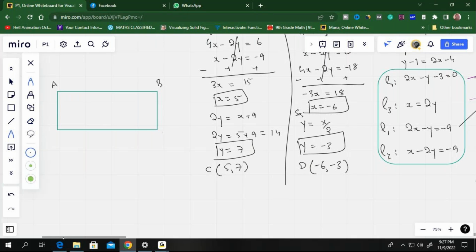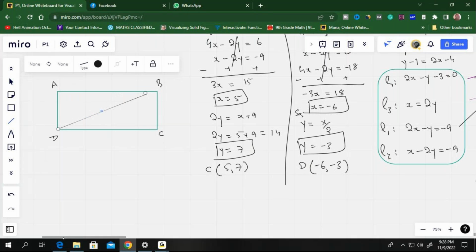So this is my AC diagonal, this is my BD diagonal. In a rectangle they don't intersect at 90 degrees, they intersect in acute and obtuse form.